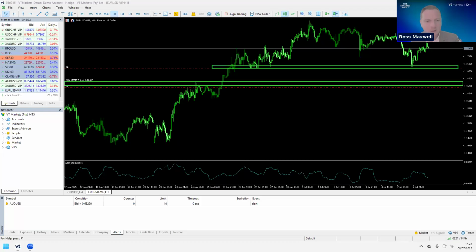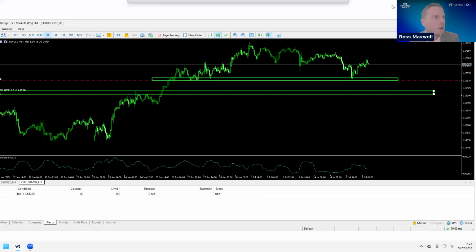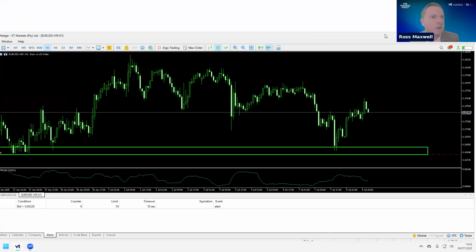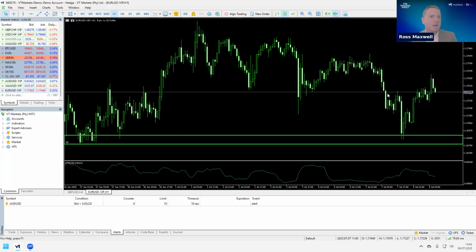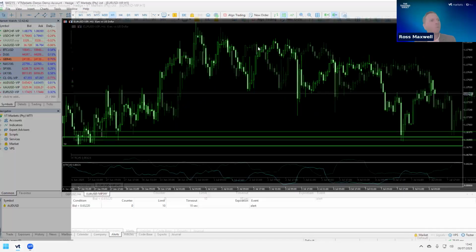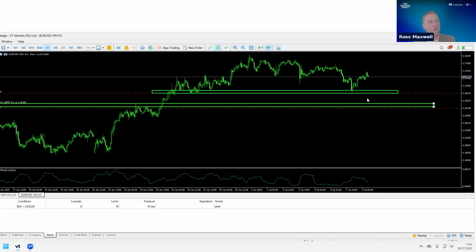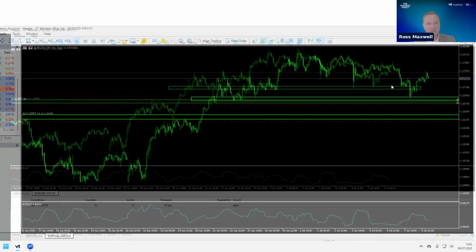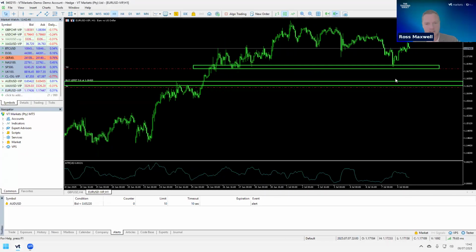Okay, so this is actually quite a good question from Lars. Lars says, why not trade EU short if you anticipate that it will reach your zone? It's a good question, but what I'm saying is I only want to trade from these high probability areas. Whilst I'm saying I want to trade long from this zone, I'm not saying I think it's going to get down there.